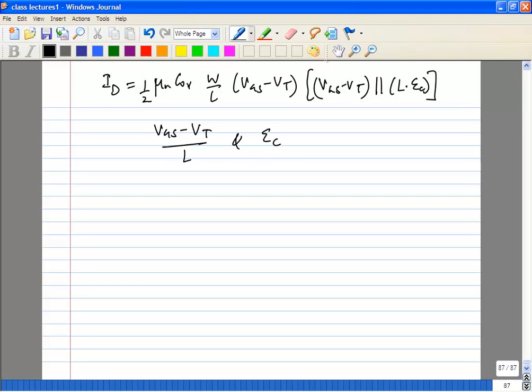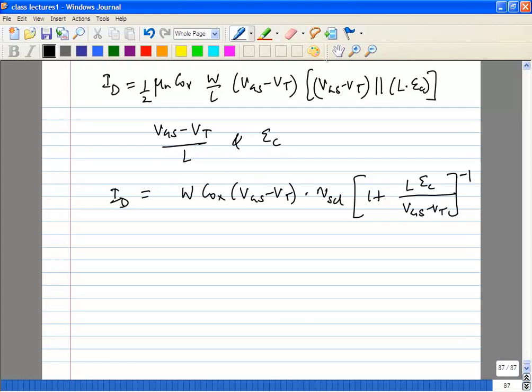Okay. So now you can also rewrite ID in a slightly different form, W Cox, rearranging the items inside here. You know VSAT is mu times EC and so on. You can rewrite it like this.